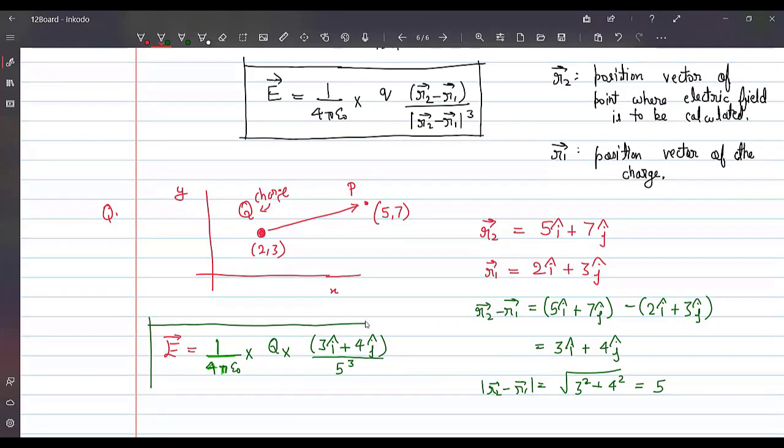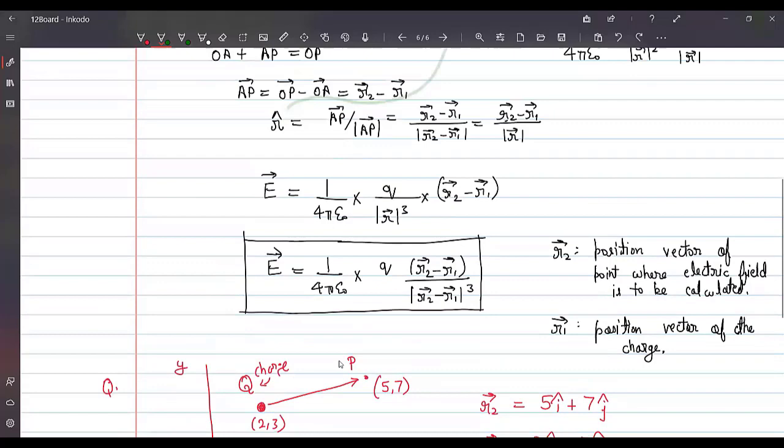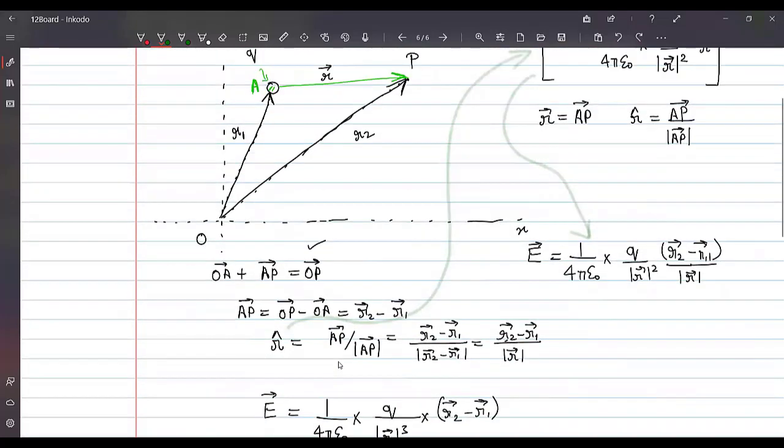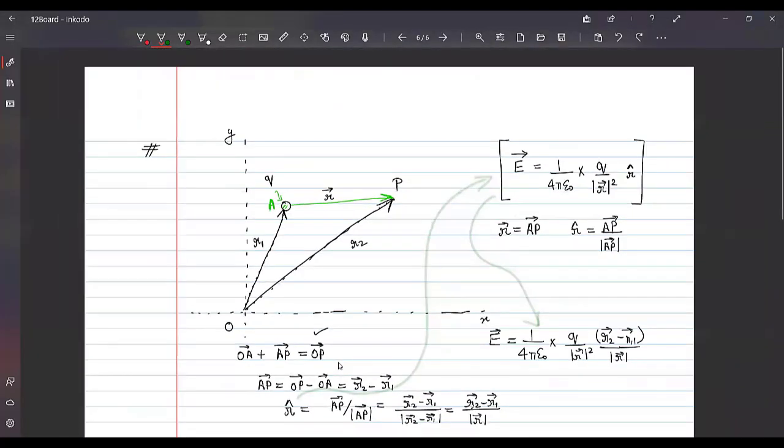If you have the value of charges, you can of course calculate exactly what the value of the electric field is. Okay, any confusion in this? Go through the steps one by one.